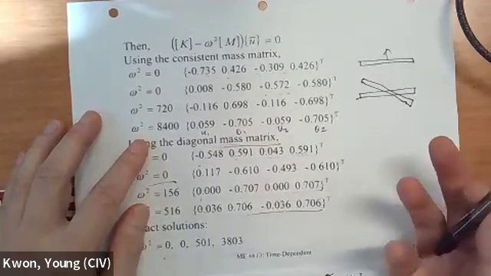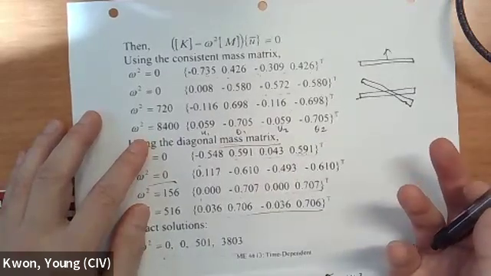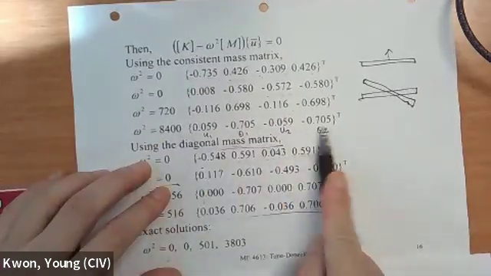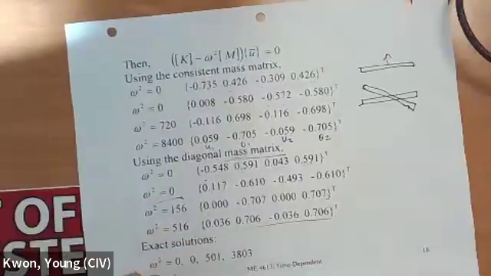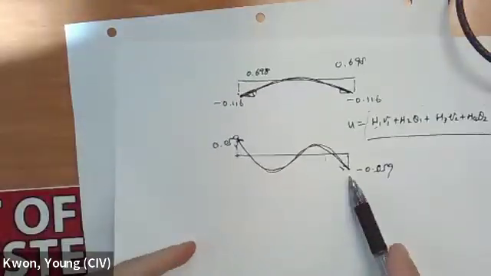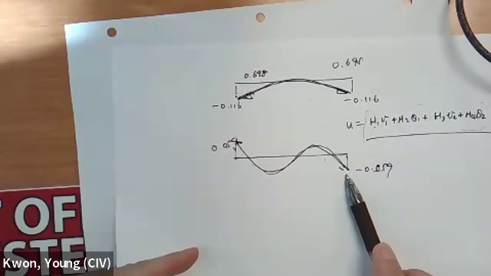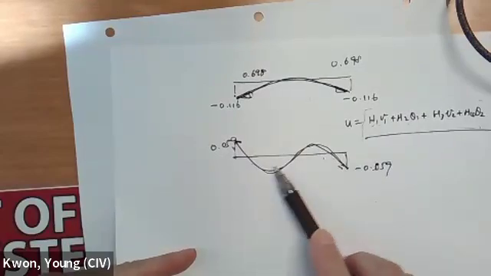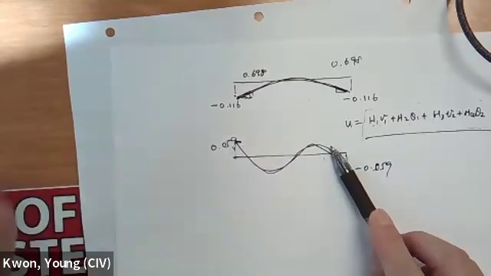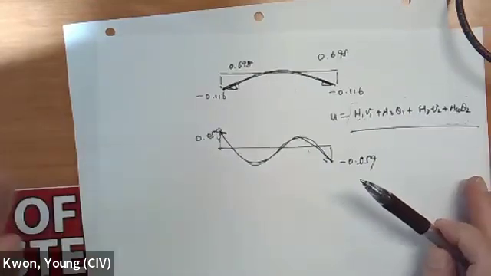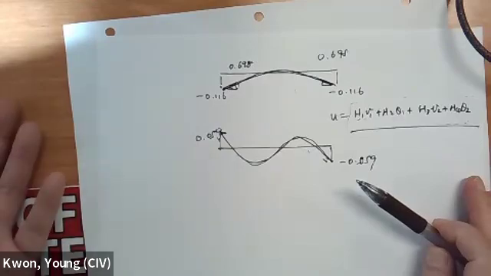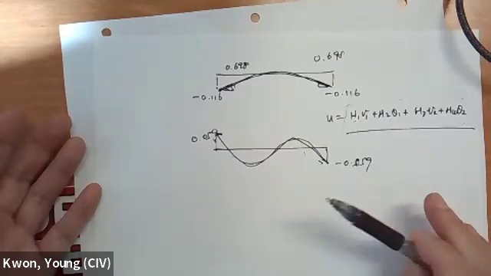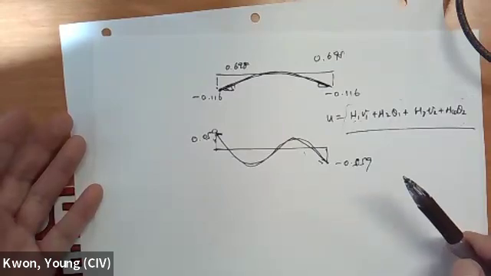Why does that make sense? Because a higher mode shape is like this, with much more up and down. More up and down means mathematically you need a higher order polynomial or more degrees of freedom to match it.